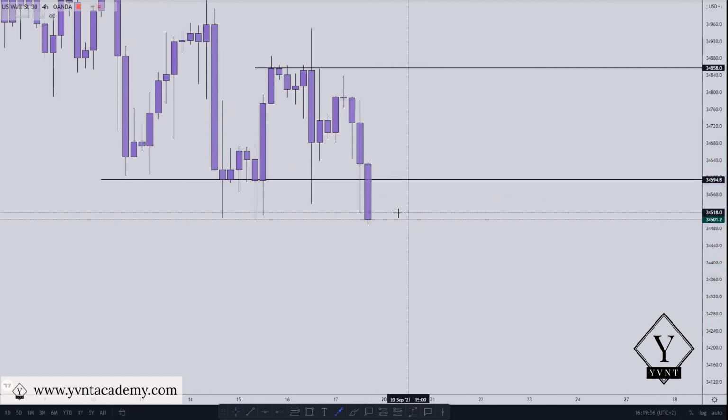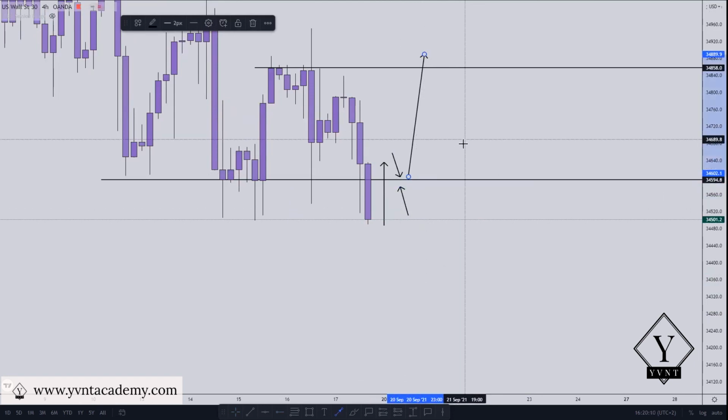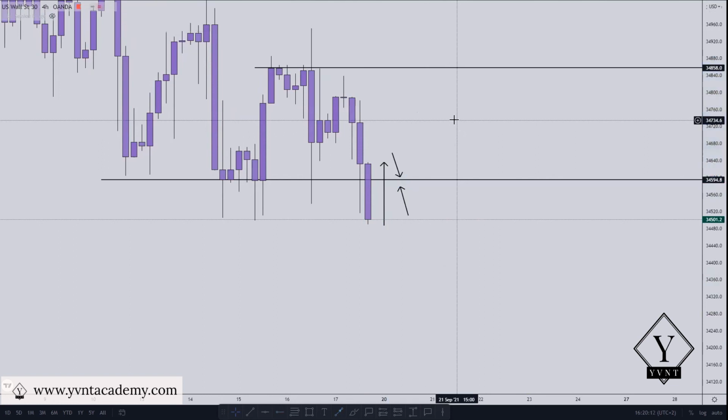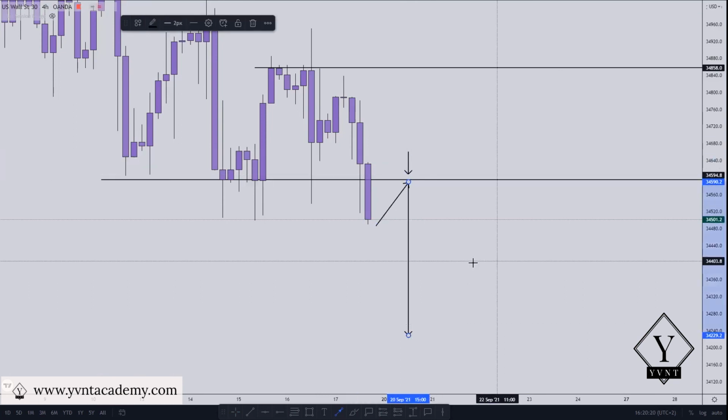If price doesn't retest and closes back in, we can expect price to give us more signs that we are going to the upside, and then look for buys. But at the moment, while price is still showing us signs that it is bearish, we can expect price to come back, retest, and then we sell.